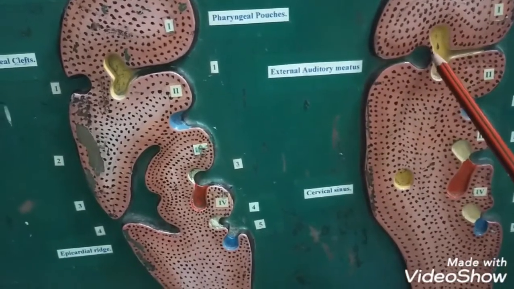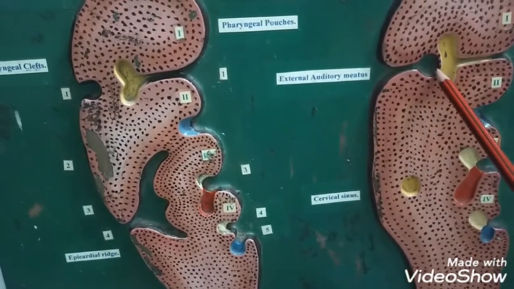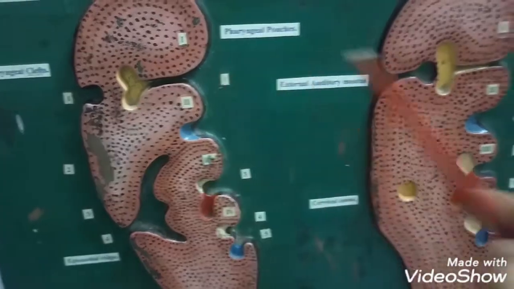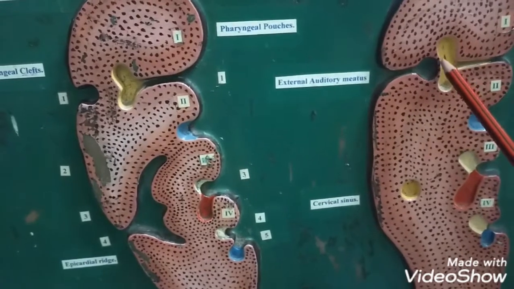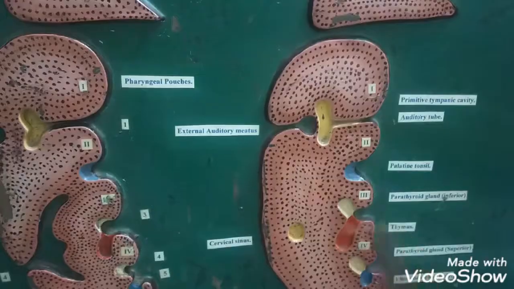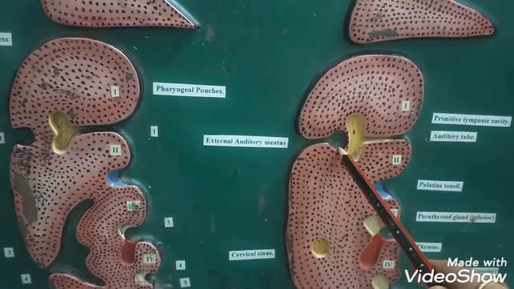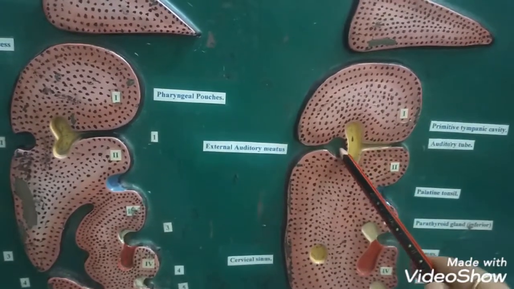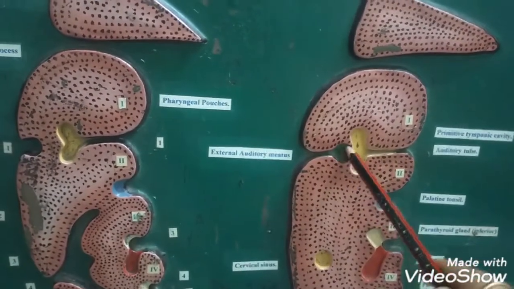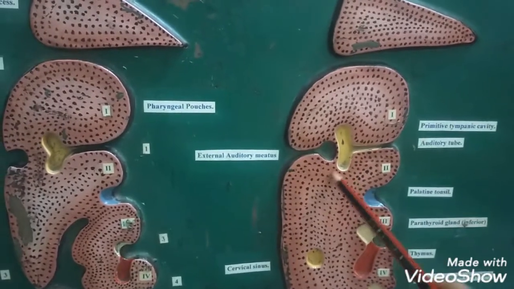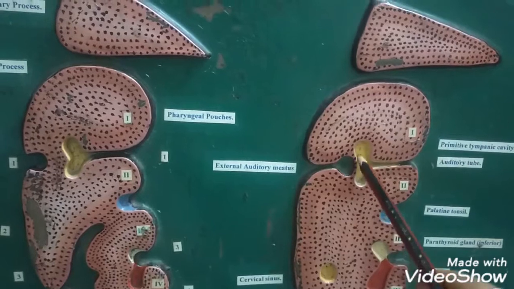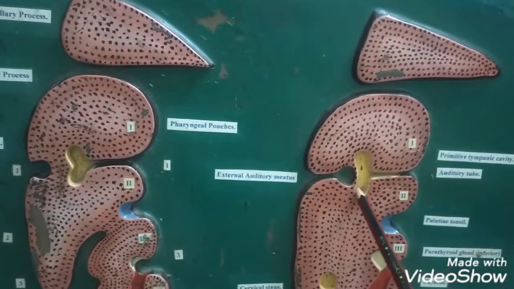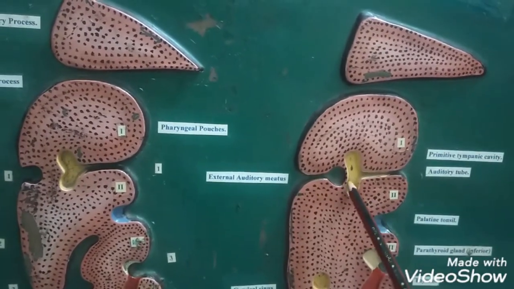See, they are very close here, and this is the primitive tympanic membrane. The cuticular layer of the tympanic membrane develops from ectoderm, the fibrous layer from mesoderm, and the mucous layer develops from the tubotympanic recess of endoderm.